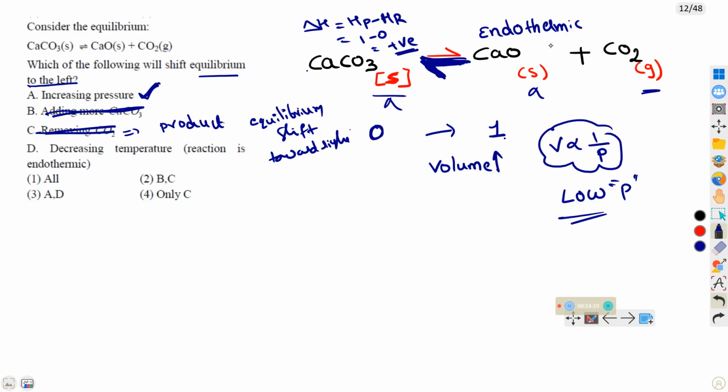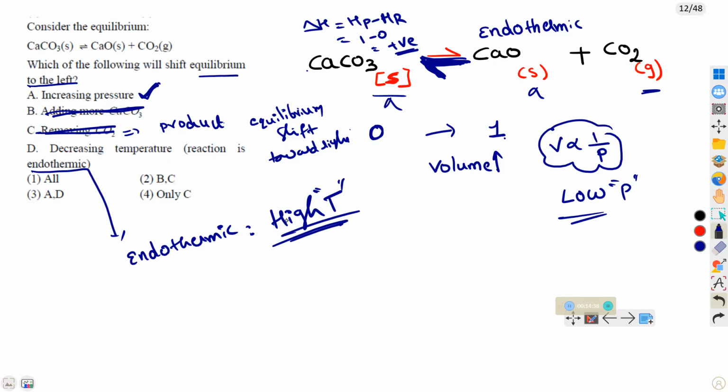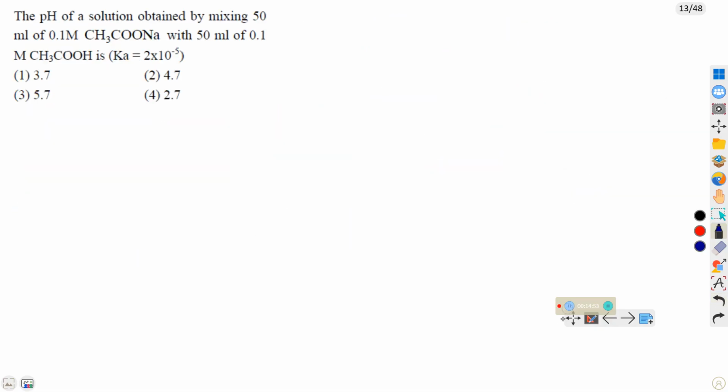Generally, for endothermic reactions, high temperature favors, because reactants require heat. But here, what is being done? Decreasing temperature. If you decrease the temperature, equilibrium shifts towards the left side. So A and D are correct.